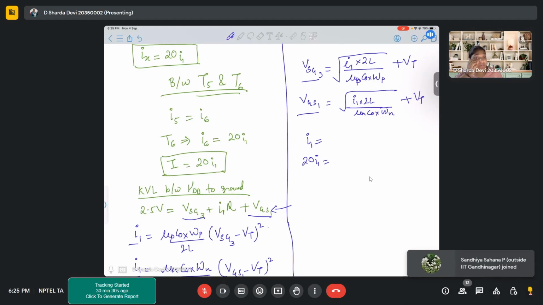Yes, what is the value of I1 that you are getting from the equation?